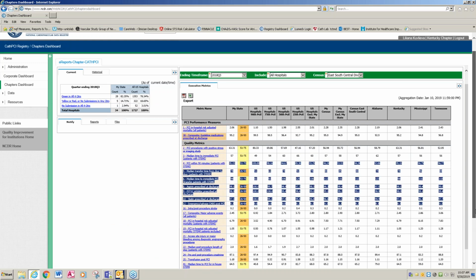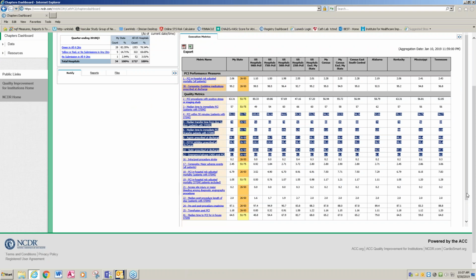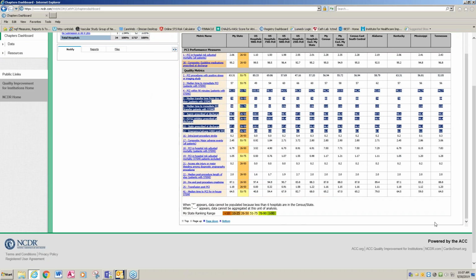But let me see if I can pull the data for cardiac rehab and see if we can look at the data there.